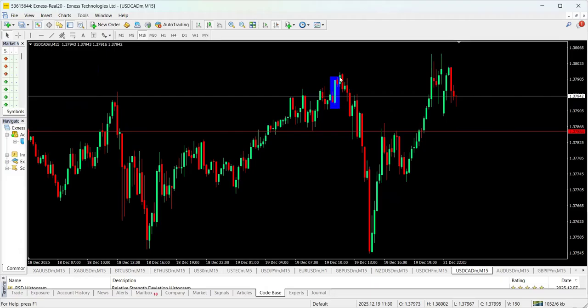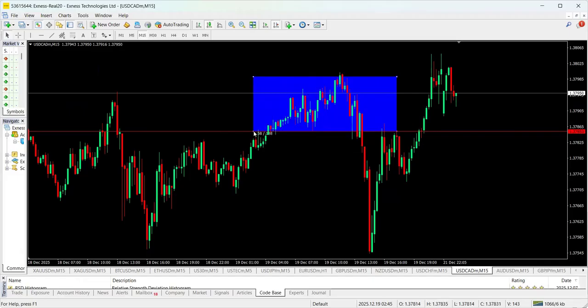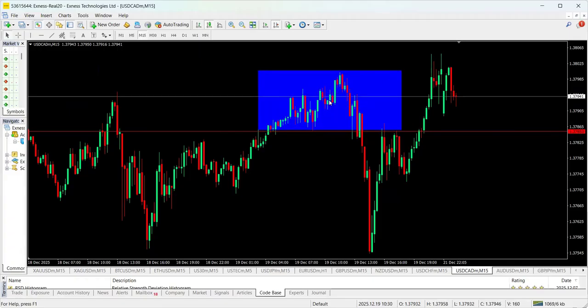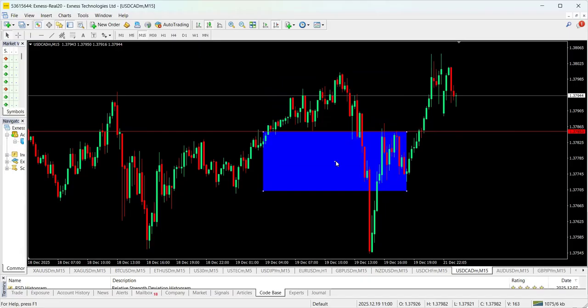Because the body of this green candle is at least twice that of the red candle. So we can comfortably say that this is an engulfing in our strategy. Since we have engulfing and change of character, we know the market is going to move down this much. The strategy says the market is going to move down at least as much as it moved up. So come down here and we take our profits.